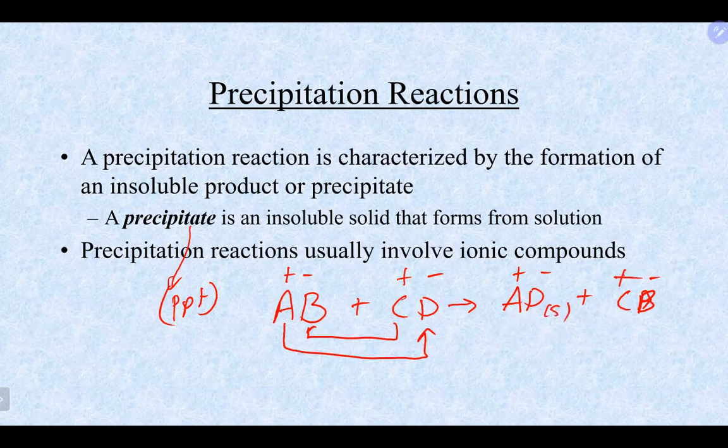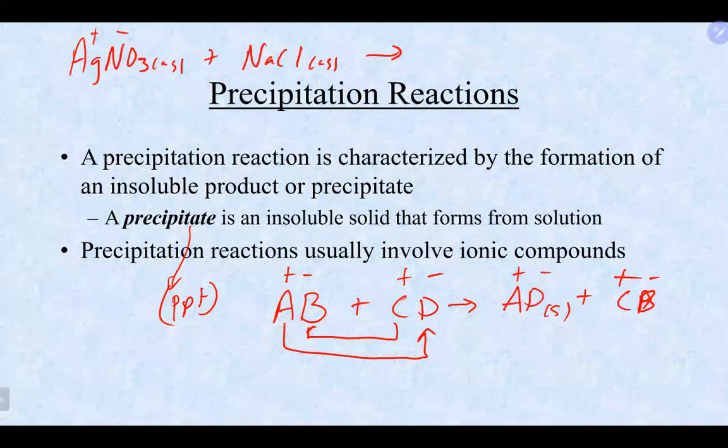So for example, if you take a little silver nitrate and you react it with some sodium chloride, this is a positive negative guy, that's a positive negative guy. So what's going to happen in this reaction is the silver will change partners and hook up with the chloride.